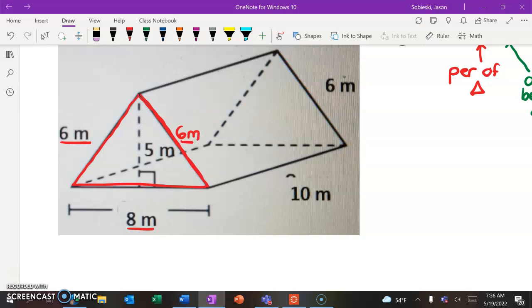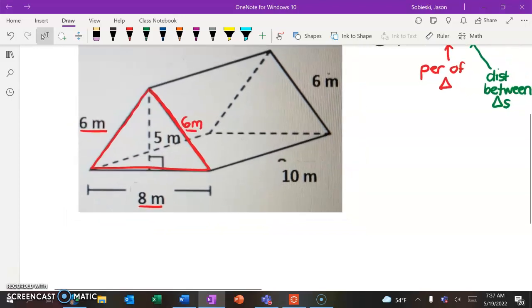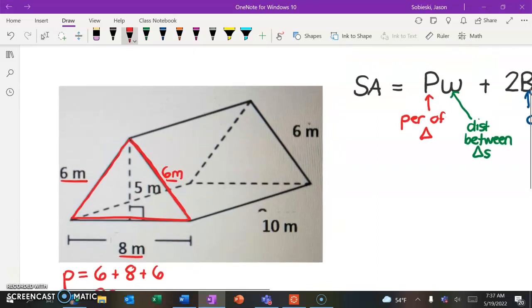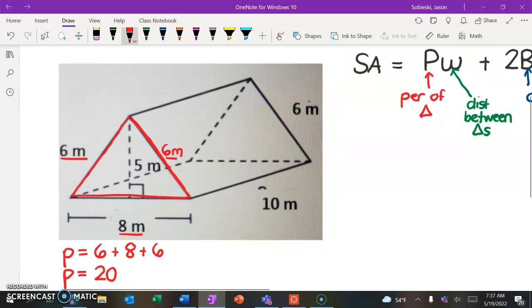So we have everything that we need to find the perimeter. We are going to just add up all 3 side lengths: the 6 on the left, the 8 as the base, and the 6 on the right. So 6 plus 6 plus 8 gives us a total perimeter of 20. Later on, 20 is what we're going to substitute for the variable P in our equation.